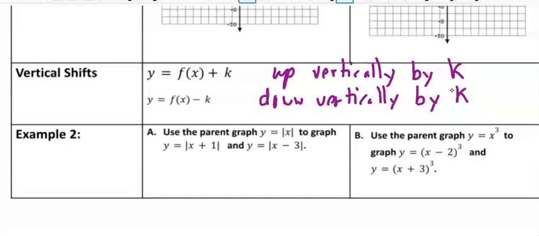Everything outside the parentheses deals with vertical, deals with y. Anything that's inside the parentheses deals with x. Outside y. Inside x. Okay? All right, next.